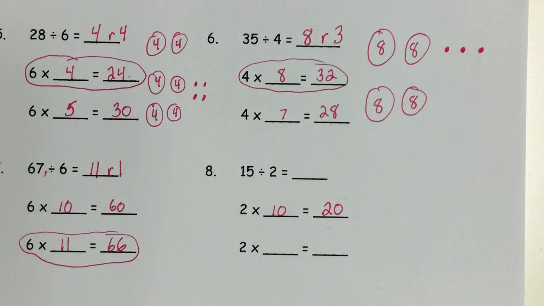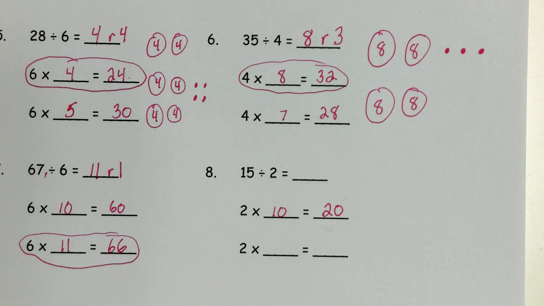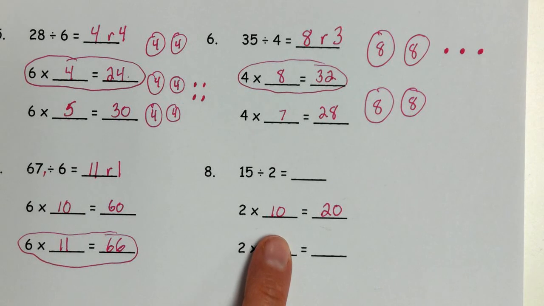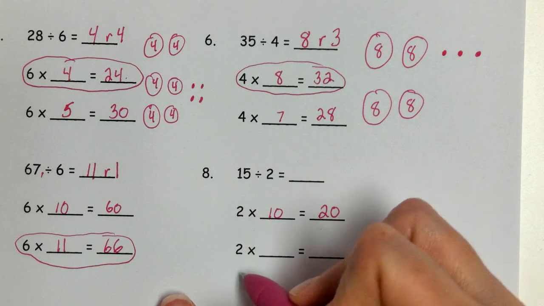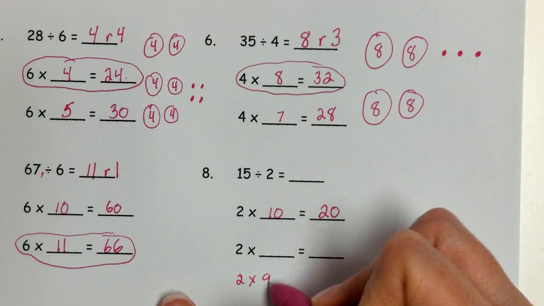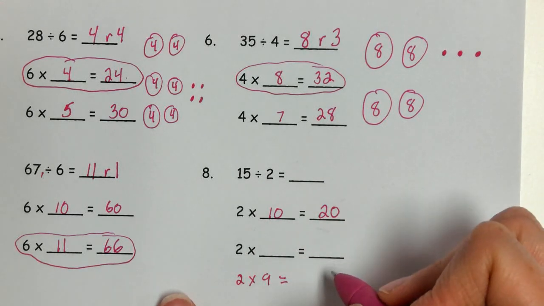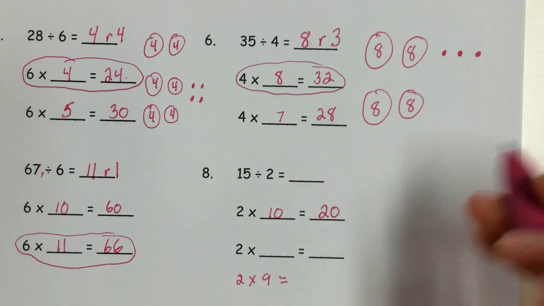Because that's too much. 2 times 2? Well, 2 times 2 is 4. So let's think. Let's go down from 10. What's 2 times 9? Or do we need to go up from 2?